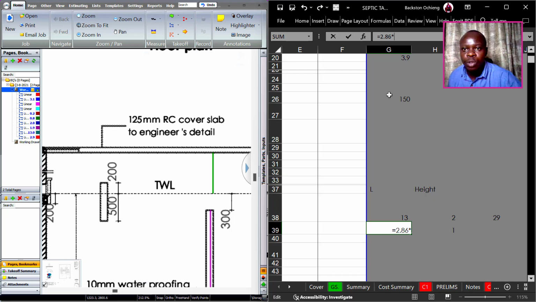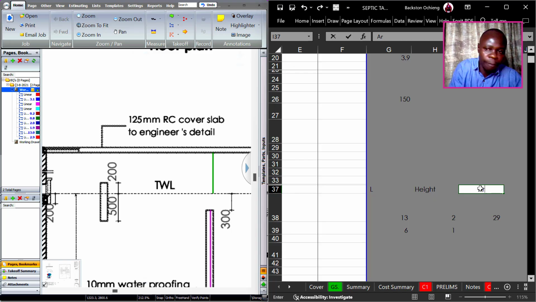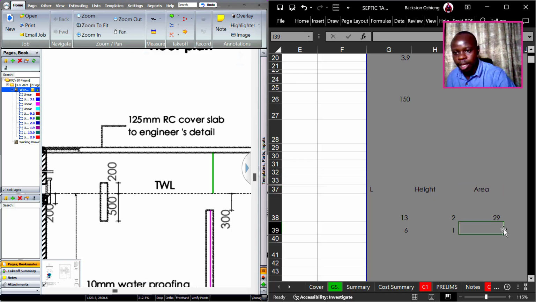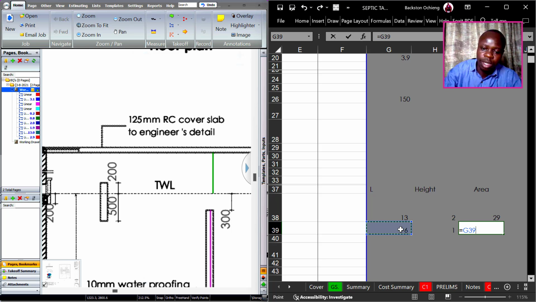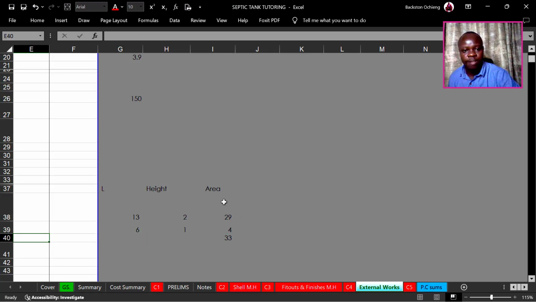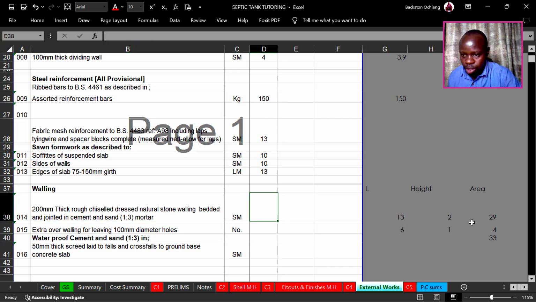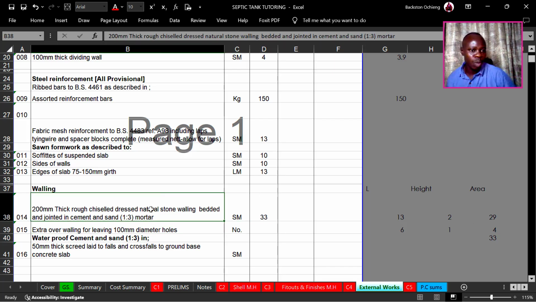So multiply the length times 2, we get that, and then the wall area gets to be 6 times that. Then we get the total, just add the area 1 and area 2, we get 33 square meters. So that gives us the total of the area for the walling. So that is 33 square meters.